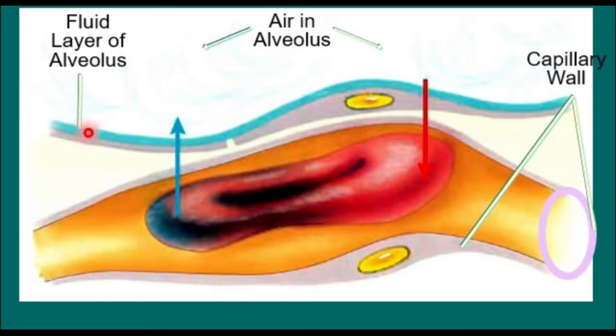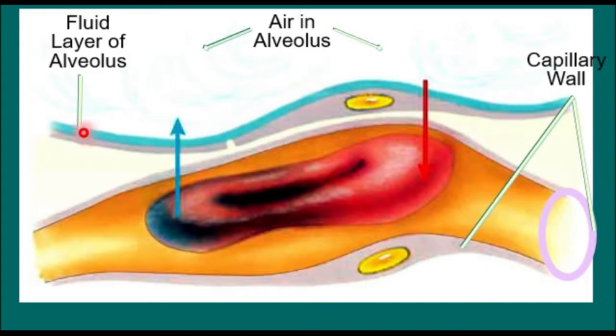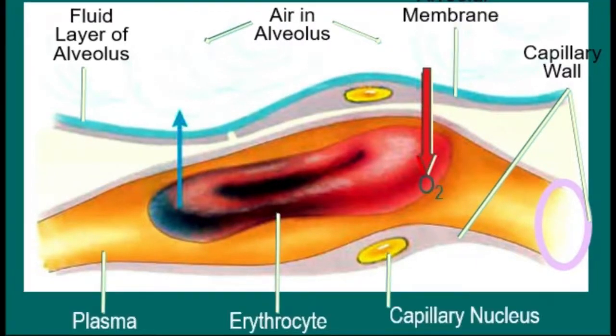Here we can see the thin fluid covering the alveoli, which causes the respiratory surface to be moist, which facilitates the diffusion of the gases, that is oxygen and carbon dioxide. Oxygen will diffuse into the red blood cells and bind with hemoglobin, and the carbon dioxide will diffuse into the alveoli and be exhaled as carbon dioxide plus water vapor.